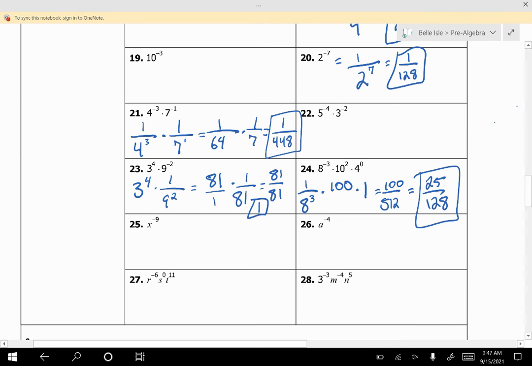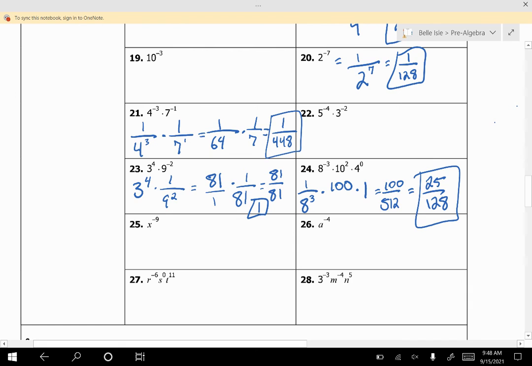Okay, here's 23 and 24. For 23, we got 3 to the fourth times 9 to the negative second power. 3 to the fourth came out to be 81. Okay, 1 over 9 to the second power came out to be 81 as well. So you've got 81 on top, 81 on bottom.